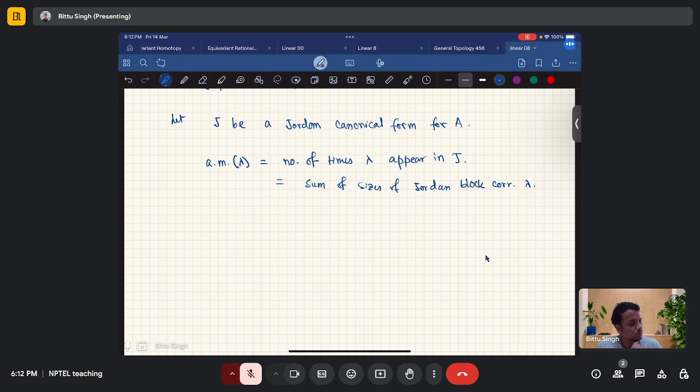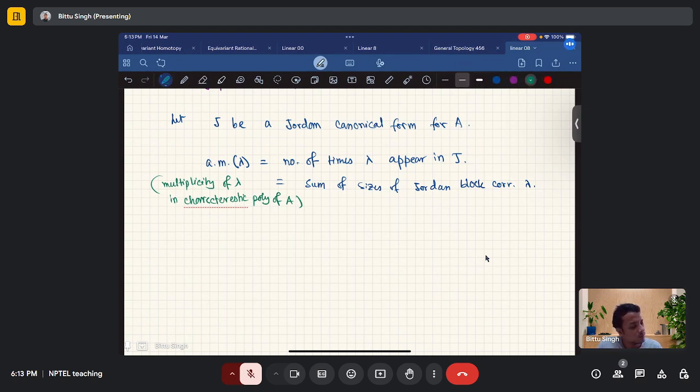So this is the same as the multiplicity of lambda in the characteristic polynomial of A. If we factorize the characteristic polynomial, the highest degree, that is x minus lambda to the power k, that k will be the algebraic multiplicity of lambda.